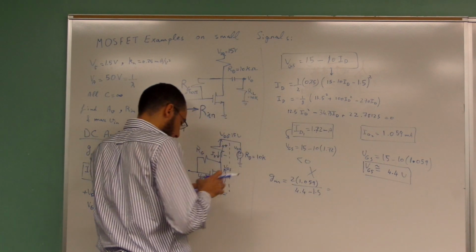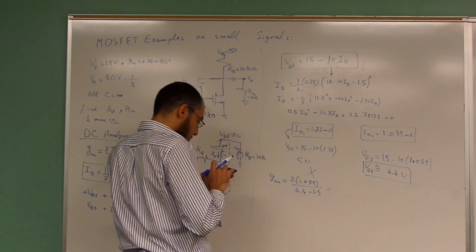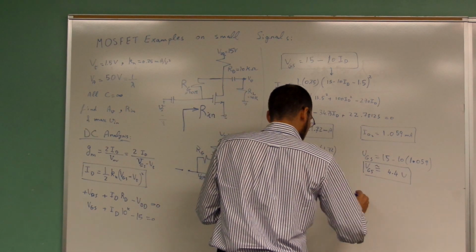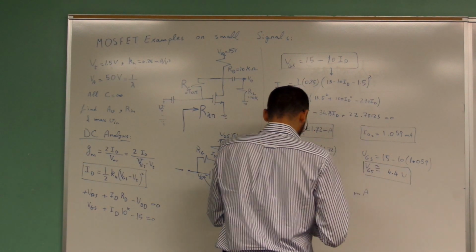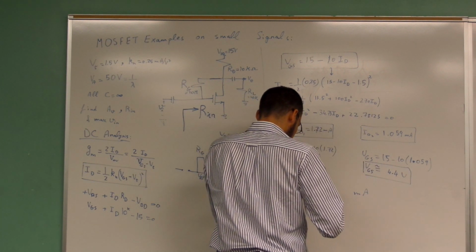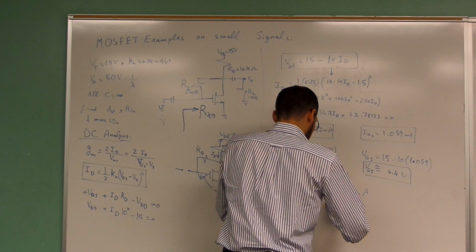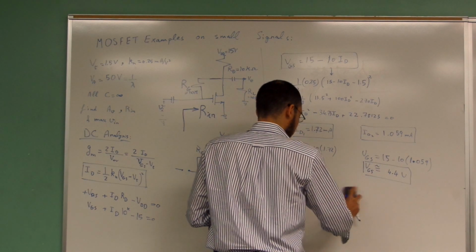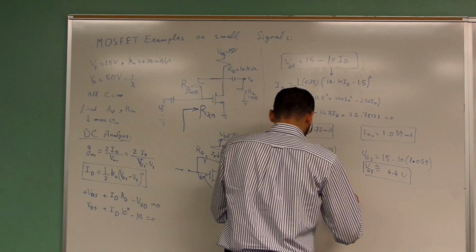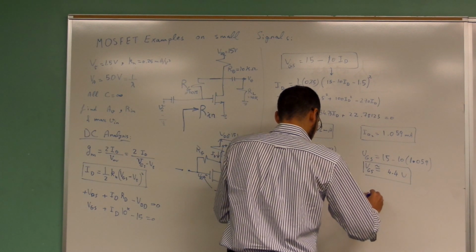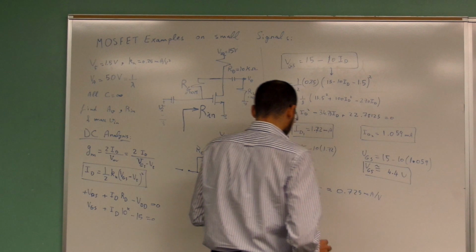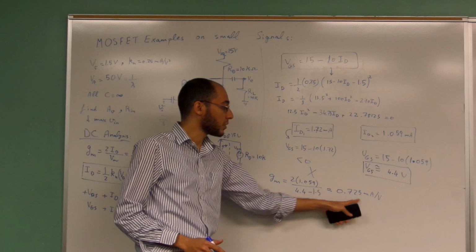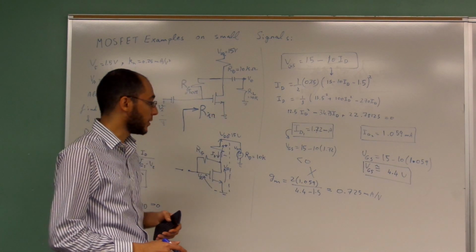So when you do the math, you get the value of GM equals 0.725 milliampere per volt.